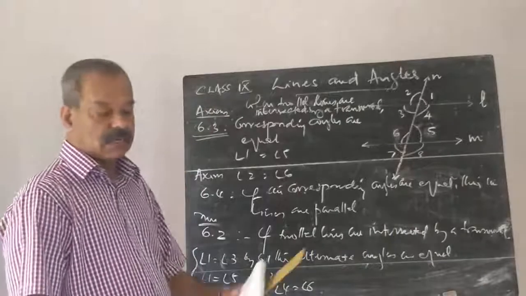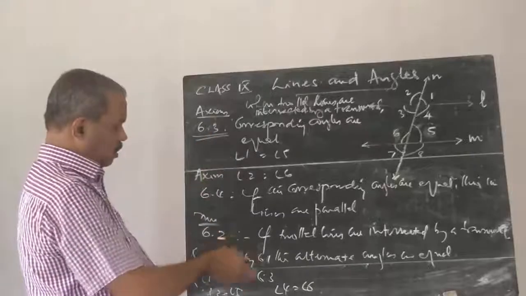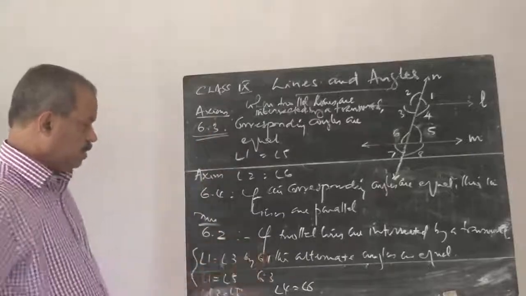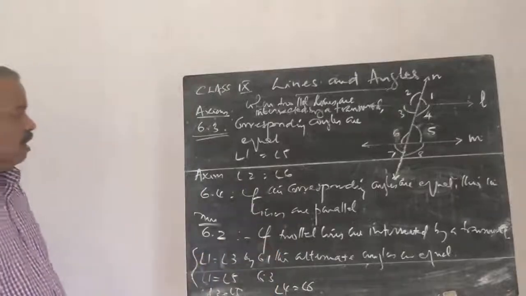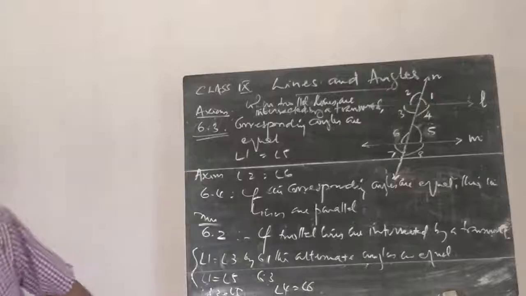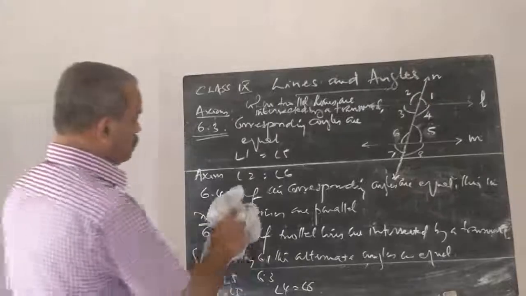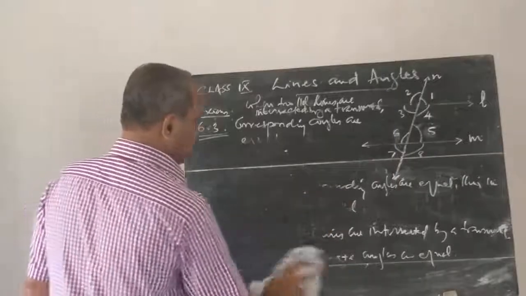Both are correct. Now, by axiom 6.1, theorem 6.1 and axiom 6.3, we can establish theorem 6.2. Now, what can be the converse of it? It is theorem 6.3.